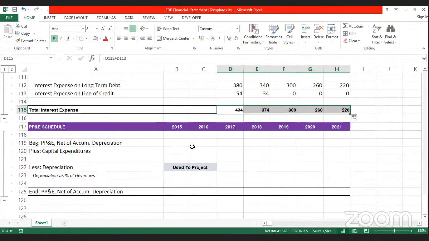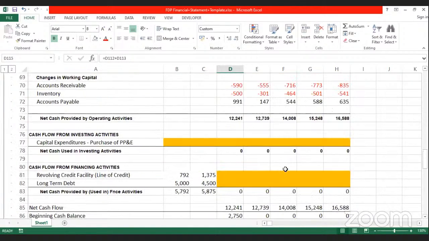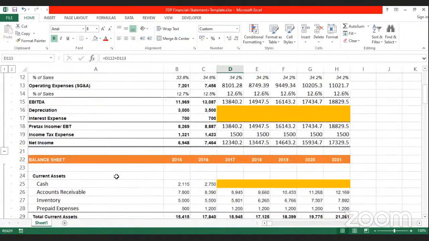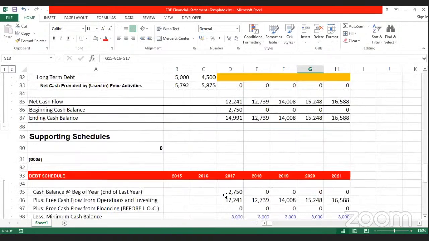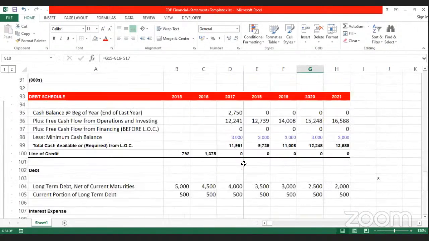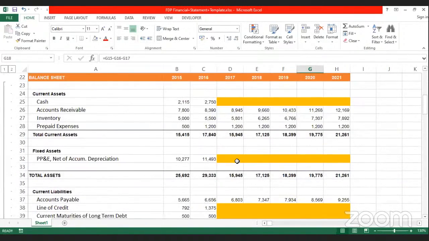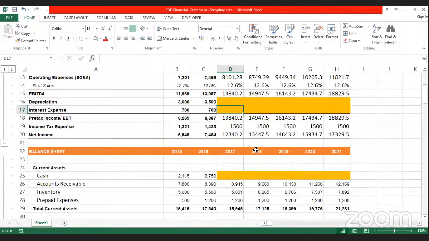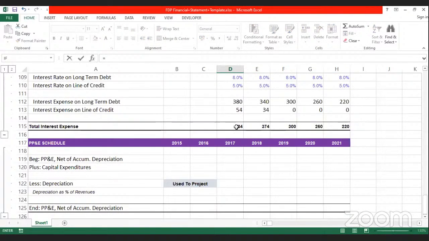Now moving ahead, we are done with the interest expenses. We are going to need these interest expenses over here. If you remember, in our income statement we have not filled in our interest expenses. What we can do is link this with what we have calculated. So, interest expenses we have to enter here, is equal to, we have got interest expenses.